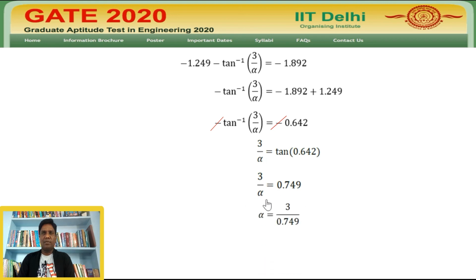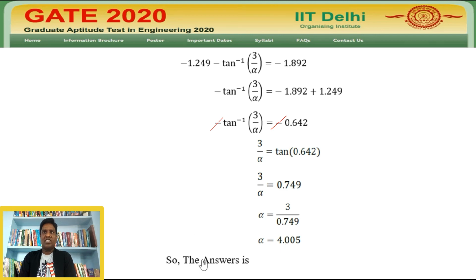Then the equation will be alpha equal to 3 divided by 0.749. The division of 3 by 0.749 is 4.005. Then the alpha value is alpha equal to 4.005. So the answer is that alpha is approximately 4. Finally, this is the required answer for this problem.